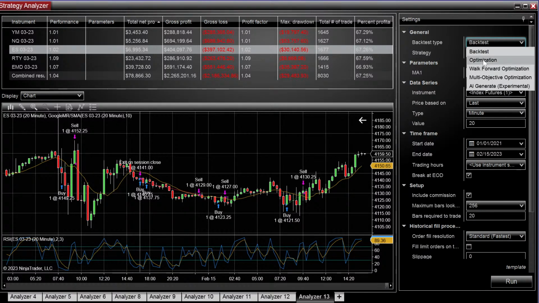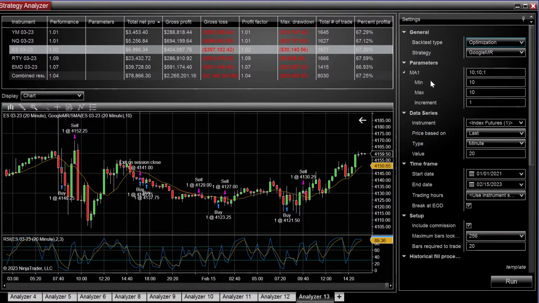I just want to do a slight optimization. We're going to do 5 to 20 in increments of 5 and see how that affects different time frames, just out of curiosity.